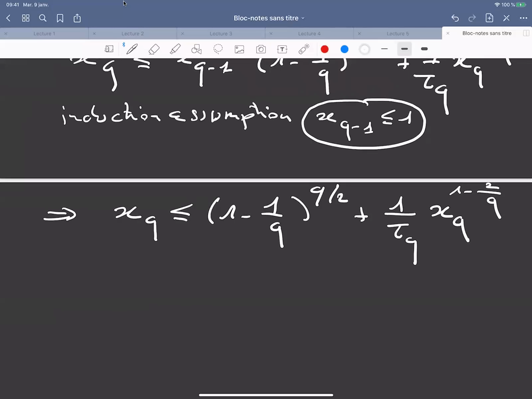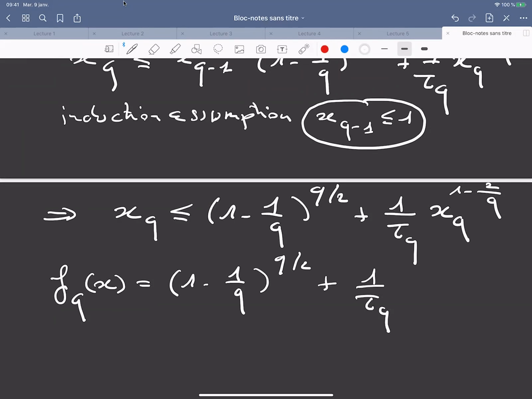So this means that if we introduce the function fq of x, which is equal to 1 minus 1 over q to the power q over 2 plus 1 over tau q times x to the power 1 minus 2 over q minus x, then fq at point xq is non-negative.